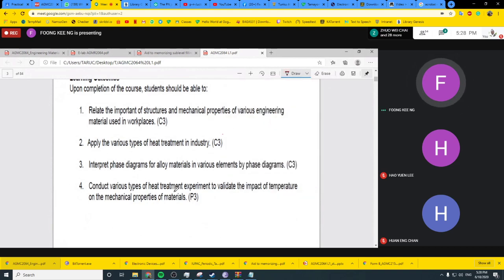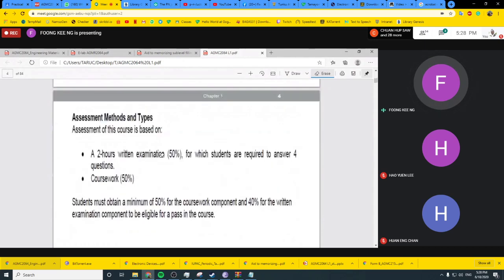What you have here is not in the exam. This is in your report writing, which is 5 reports that you have to hand in out of the 6 experiments. Clear, right? So you can look into these 3 learning outcomes, 1, 2, 3, as you study along the way. All right, let's go straight to the point here.